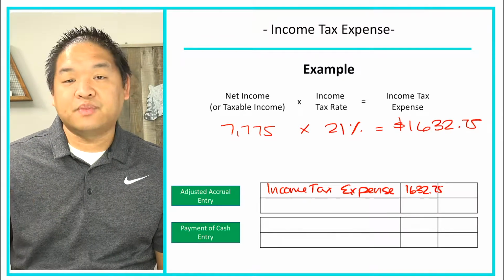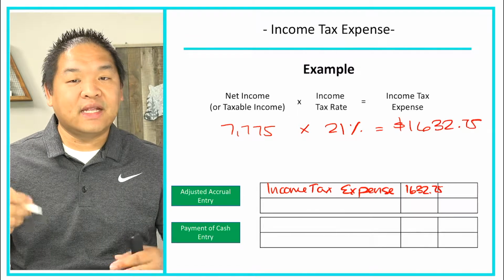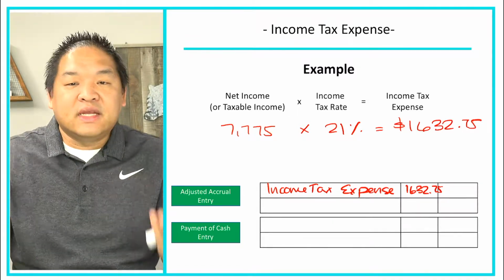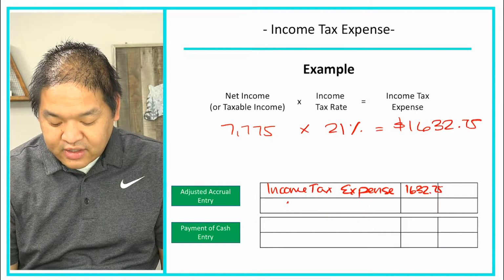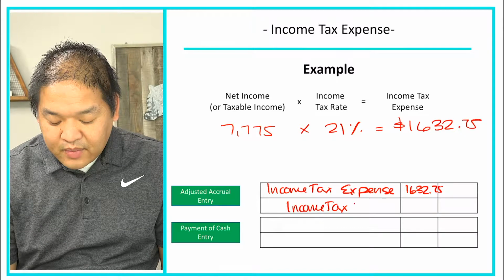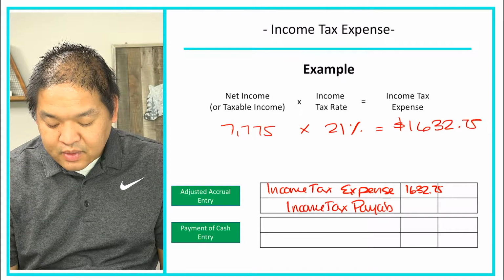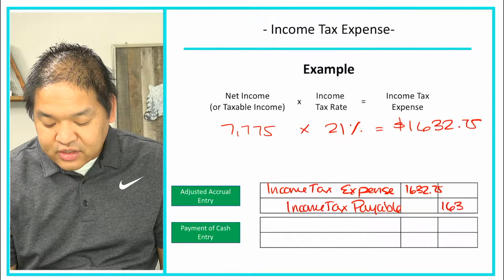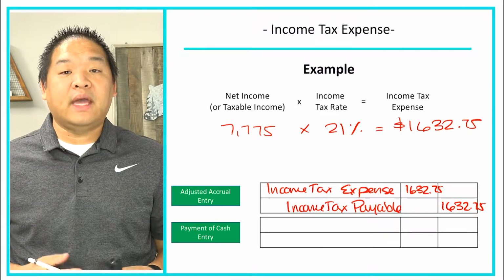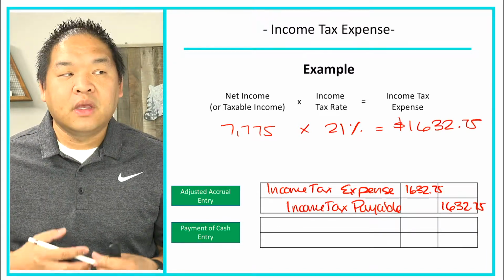We can use accounts payable. Some people would say income tax payable; whichever one is fine. I'm going to use income tax payable, just to get that in your ear. So income tax payable for $1,632.75.